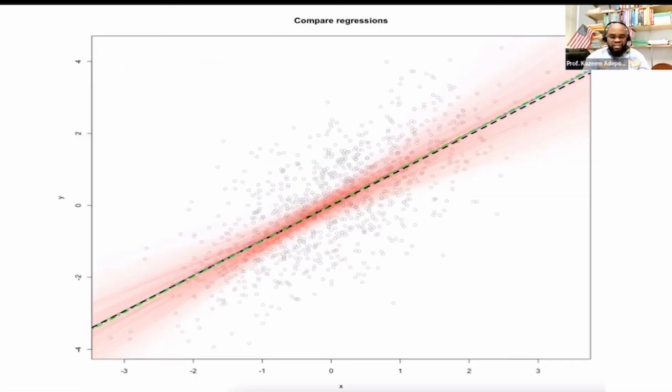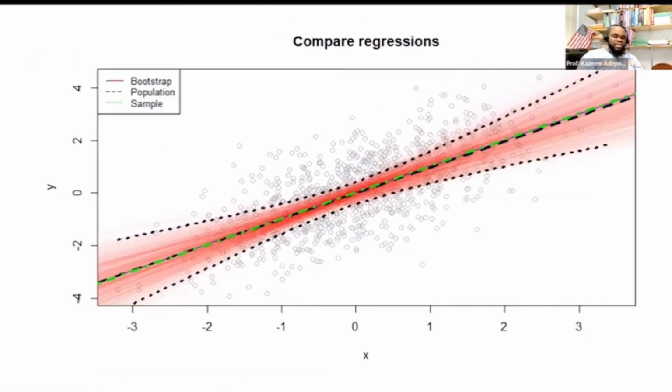And this is a graph showing the bootstrap, the population, and the sample, and as I said before, that of the bootstrap is very close. And I'm recommending the bootstrap when the sample size is very small. You know how small it should be before you can consider using the bootstrap idea.